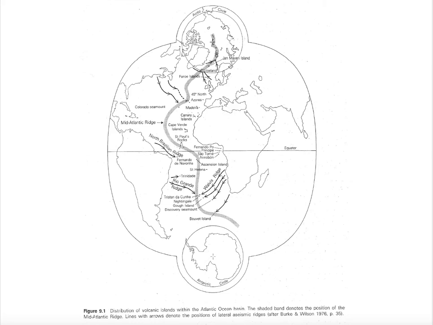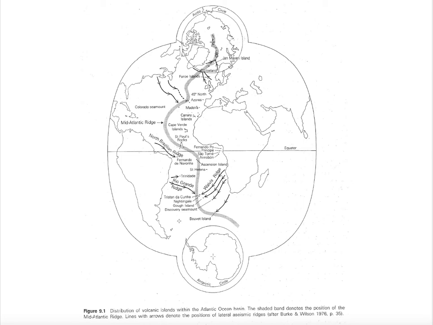So here we have a nice overview map of the distribution of volcanic islands within the Atlantic Basin. In this shaded field, that marks the location of the mid-ocean ridge, where you can form the more basalts.